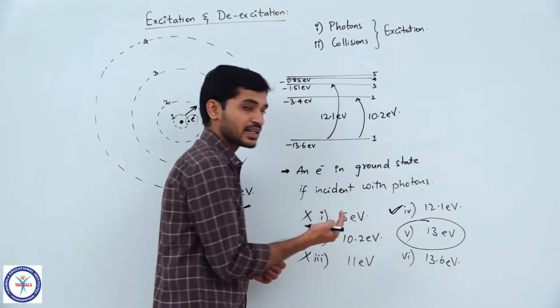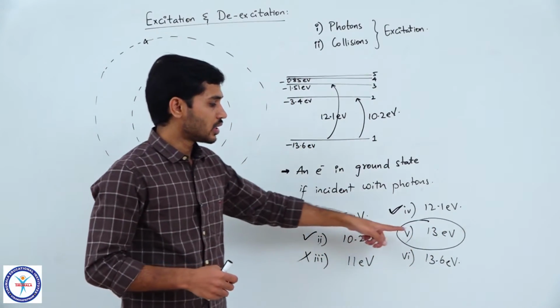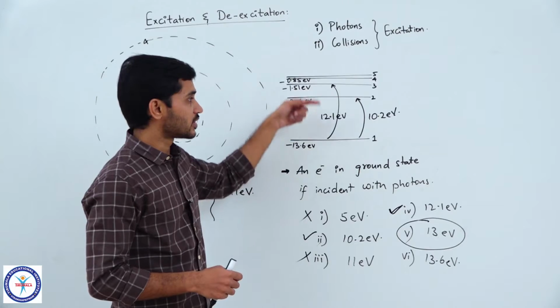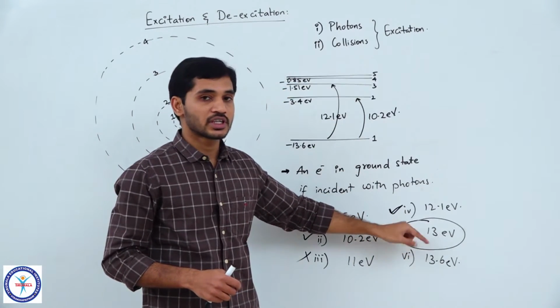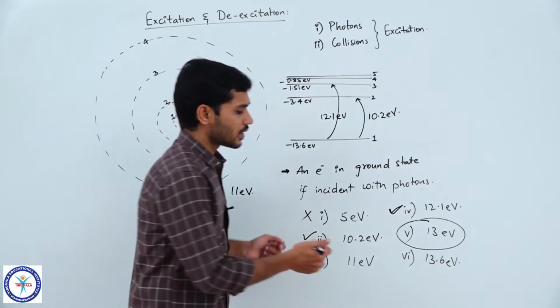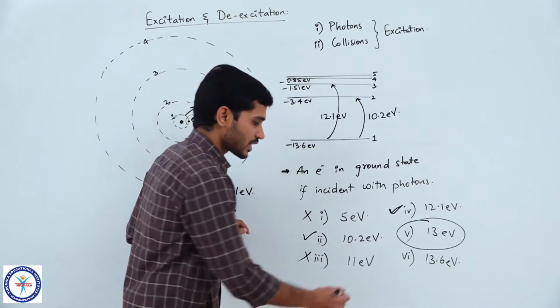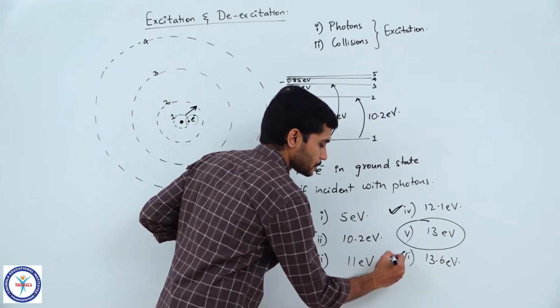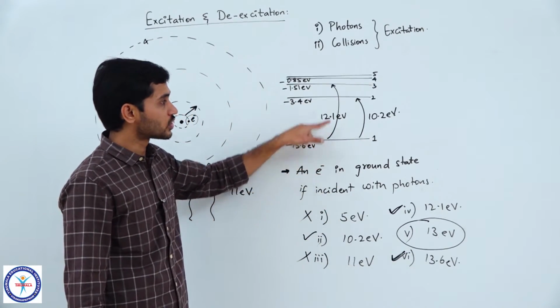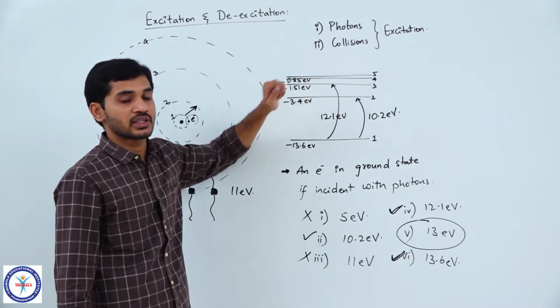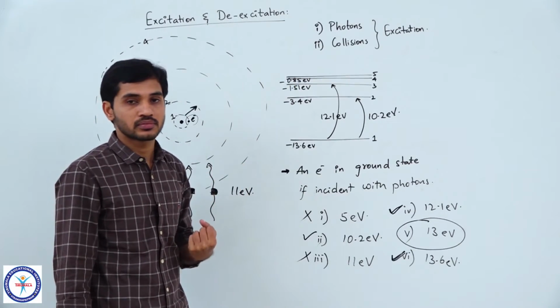If you want, you can calculate and try. You can check whether there is any level corresponding to an energy difference of 13 electron volts. And 13.6 electron volts can be absorbed because 13.6 is the energy difference between ground state and infinity, where the electron is completely removed from the atom.